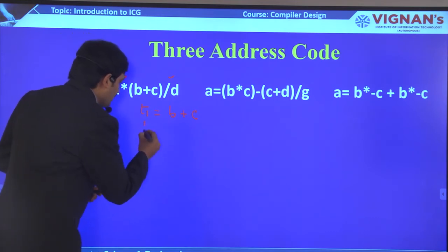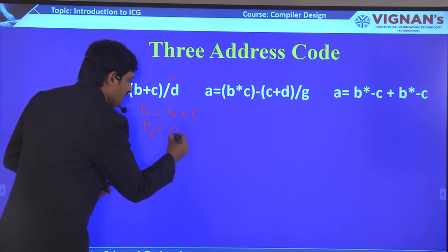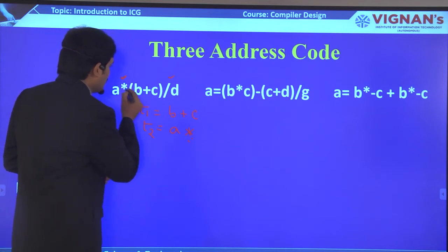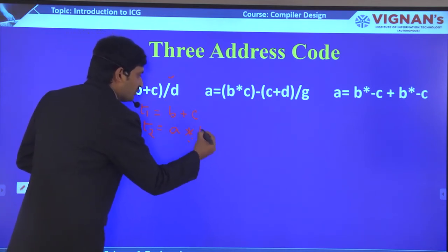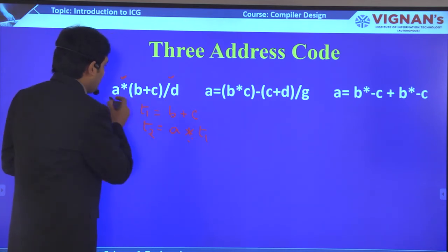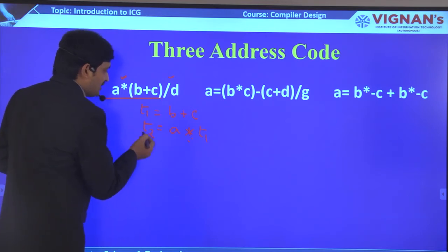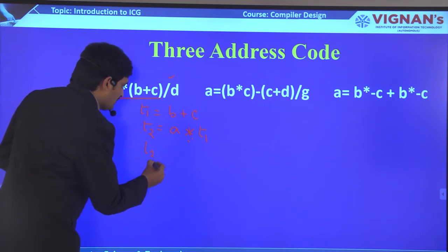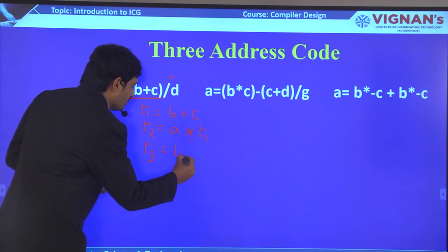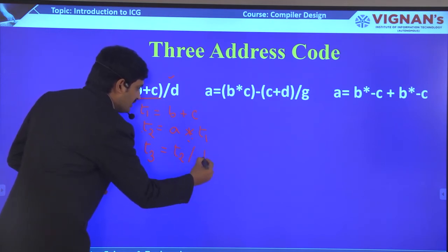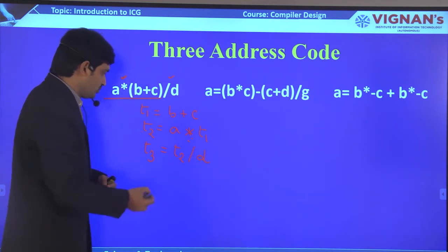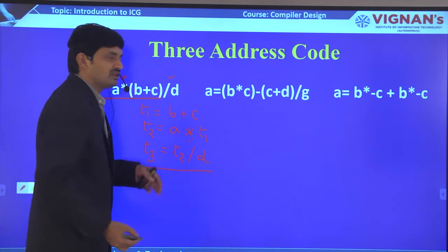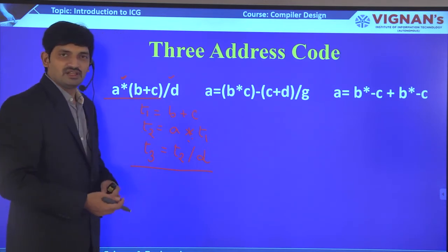So what you have to write, t2 equal to a into this b plus c, that is t1. Okay, then this entire thing is treated as t2 now. So t3 equal to t2 by d. Okay, so this is the 3 address code for the given instruction.